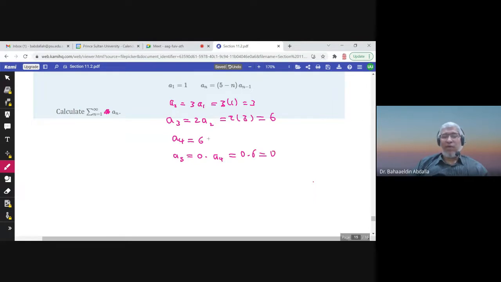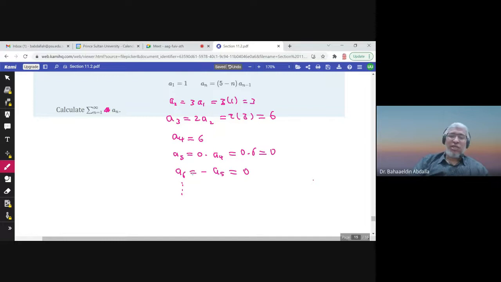And now a6 would be 5 minus 6, which is negative 1, times a5. But a5 is 0, so a6 would be 0. And a7 would be written in terms of a6, and a8 would be written in terms of a7. So all the coming terms would be zeros.